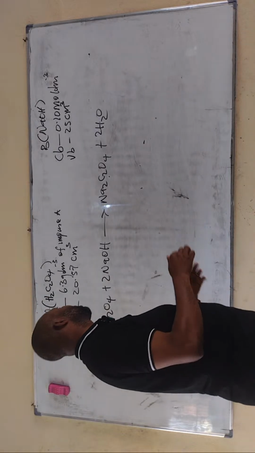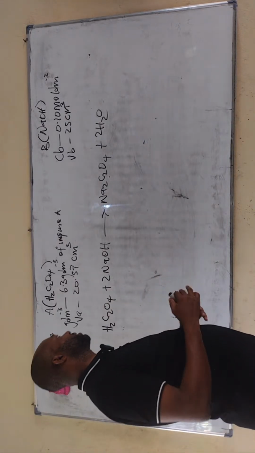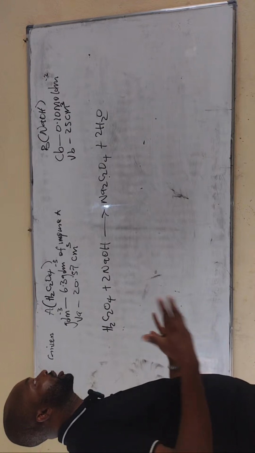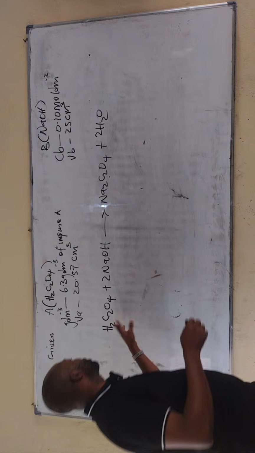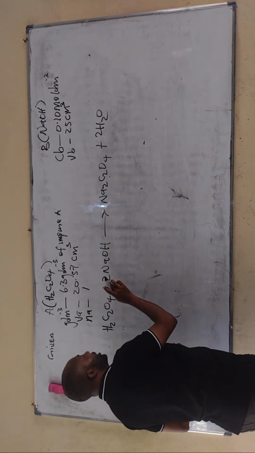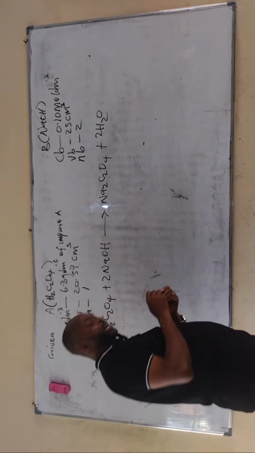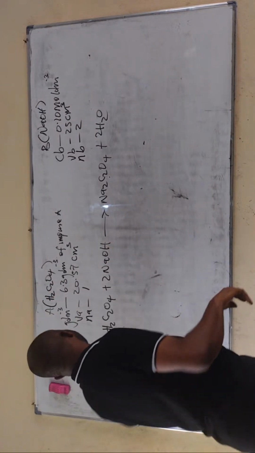But if it is not given, you have to balance, and you can only know how to balance after constant practice. If you practice all the time, you become acquainted with it. So now, from the equation of reaction, the number of moles of acid is 1, and the number of moles of base is 2. So I can take this out now so that we can proceed.